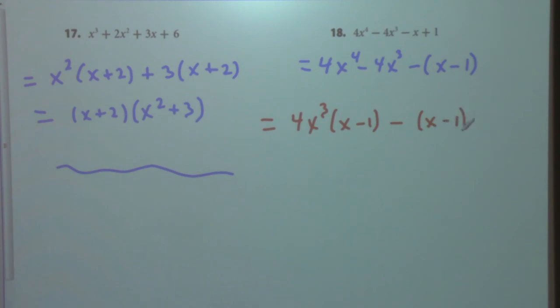And from that, I got x minus 1, and then 4x cubed minus 1. And I didn't factor it because the 4 isn't factorable. If this was 4x squared minus 1, it would be, right? But it's not, so this is as far as we can go on this deal.